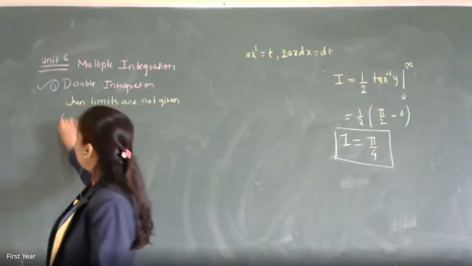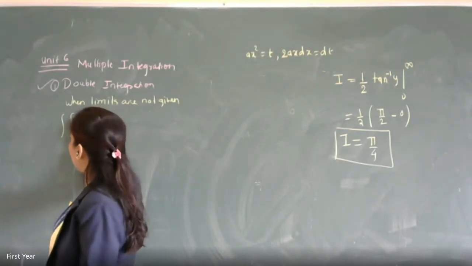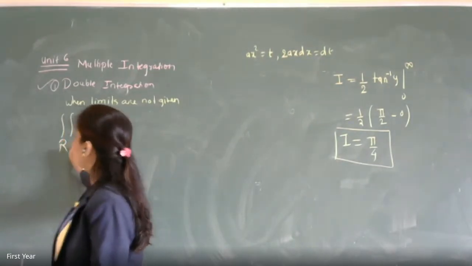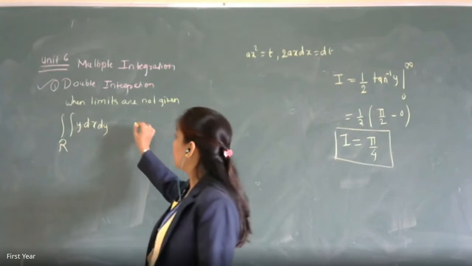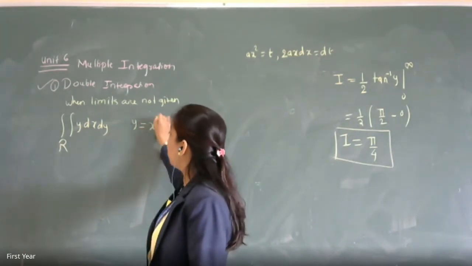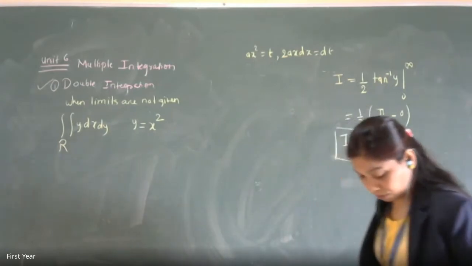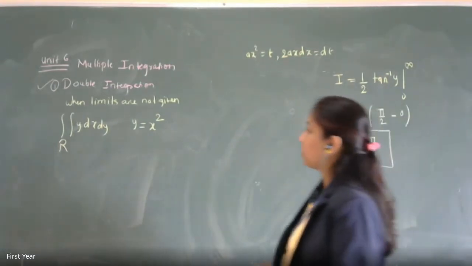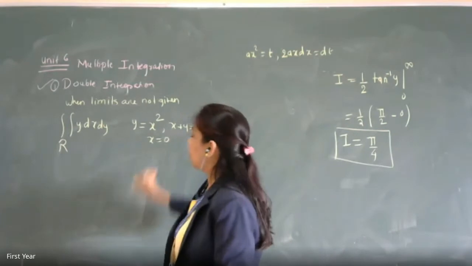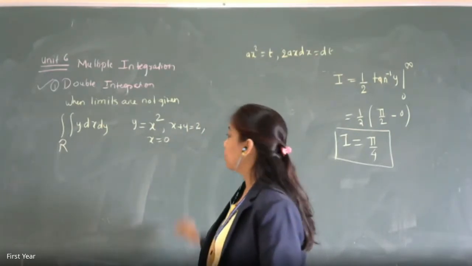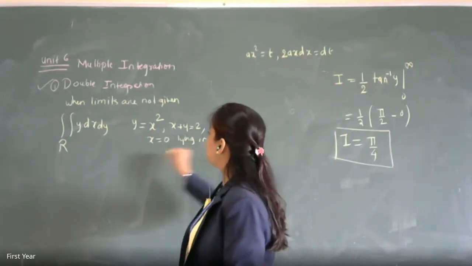Evaluate double integration y dx dy over the region R, where R is the region covered by y is equal to x square, x plus y is equal to 2, x is equal to 0, lying in the first quadrant.